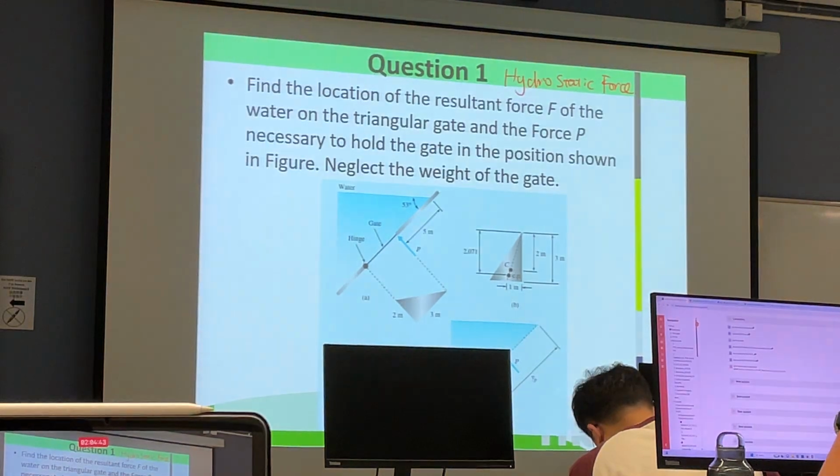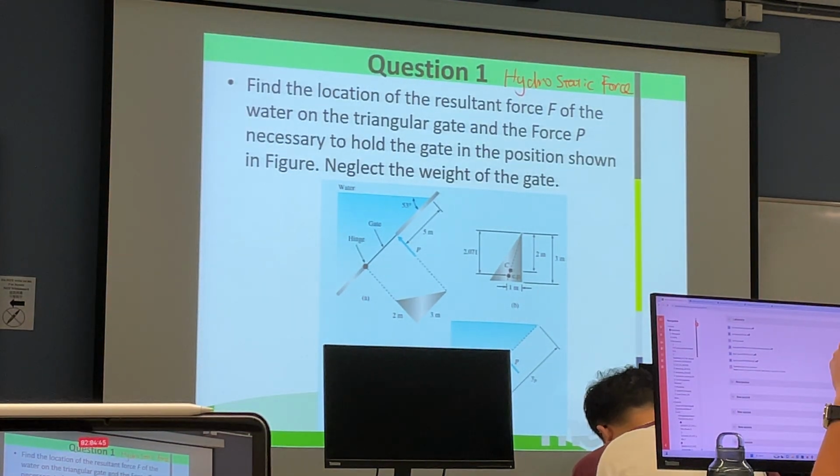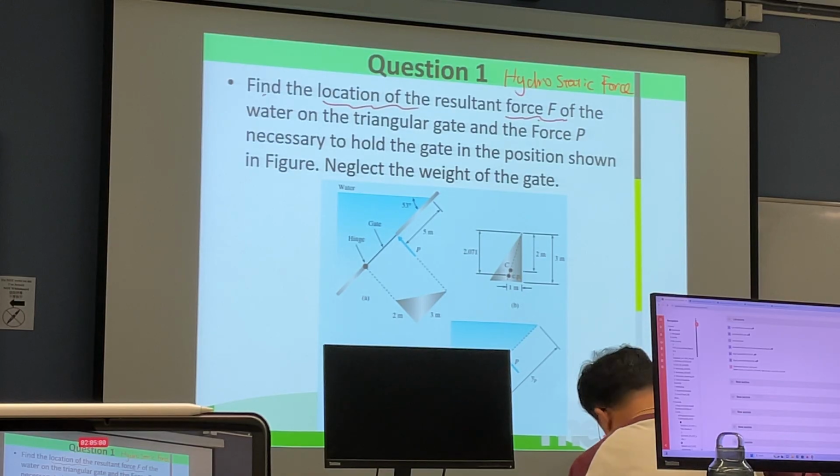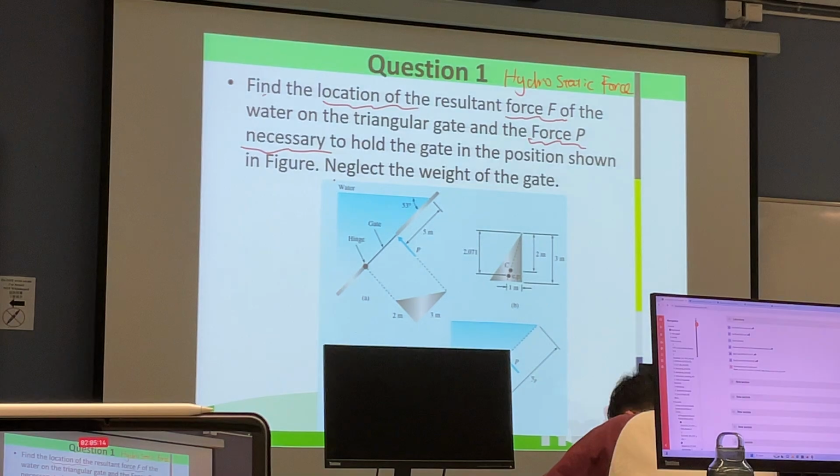To estimate how much force is exerted on the plane in this setup, find the location of the resultant force F on the water on the triangular gate, and the force P necessary to hold the gate in the position shown in the figure. Neglect the weight of the gate.